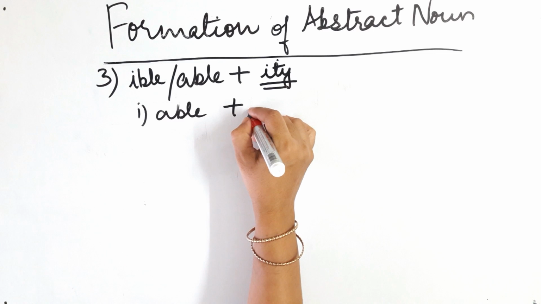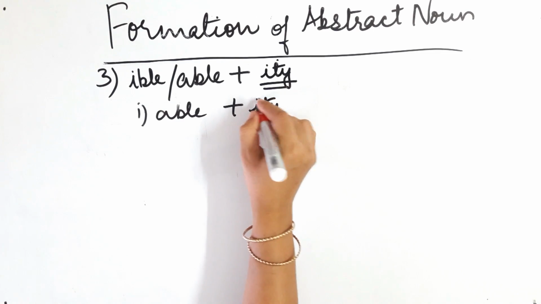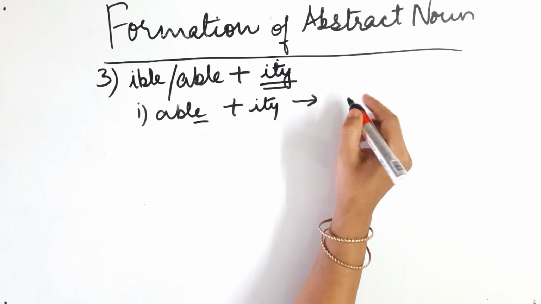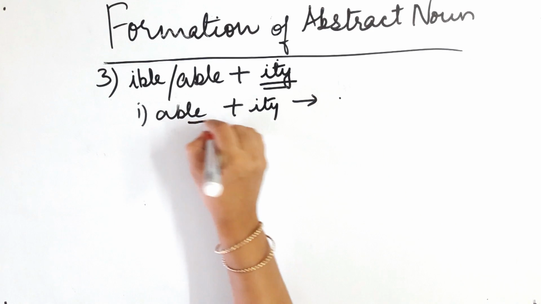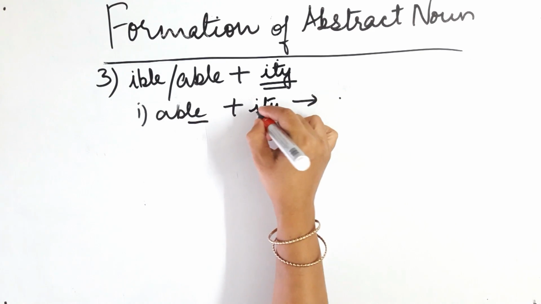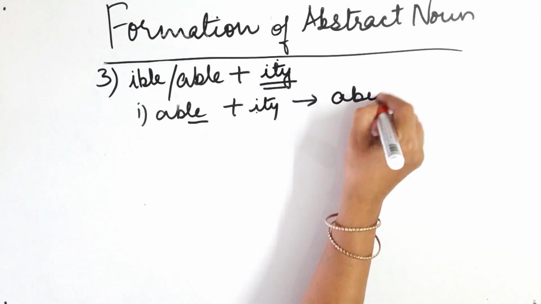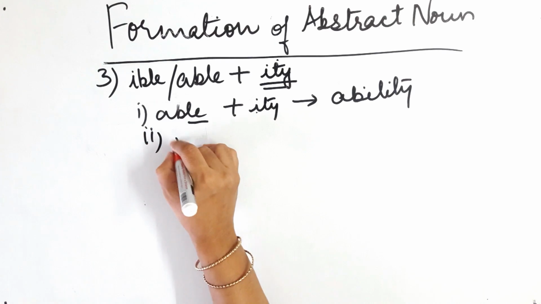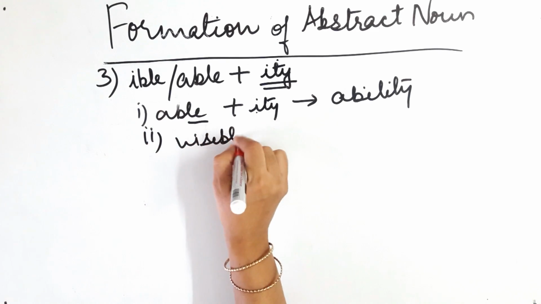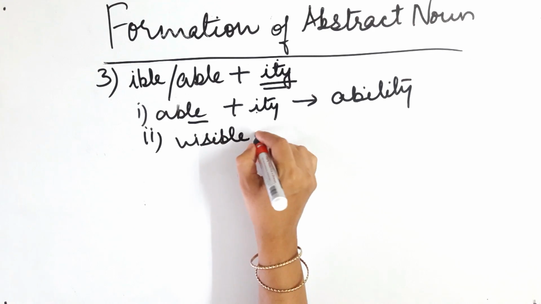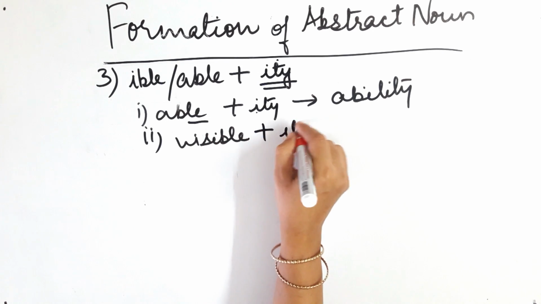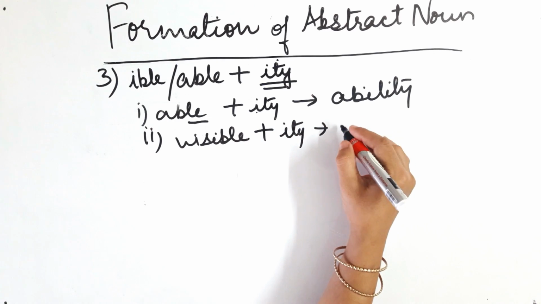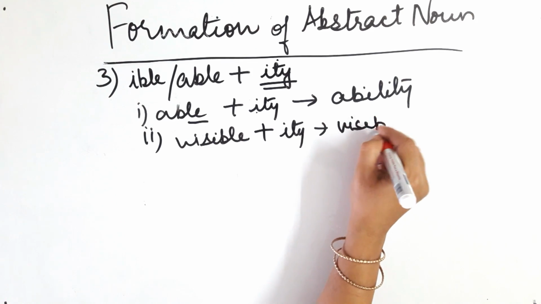I will add ITY with a slight change. What change? Here e is replaced with i, and then LE is replaced by ILITY. So it becomes ability. Another word I have is visible. It changes after adding ITY with a little change. It is made a noun and the word is visibility.